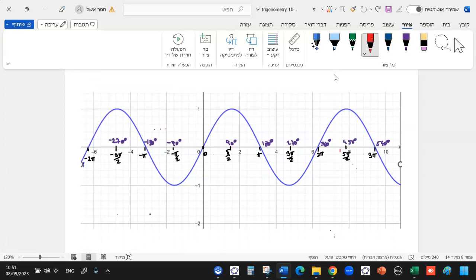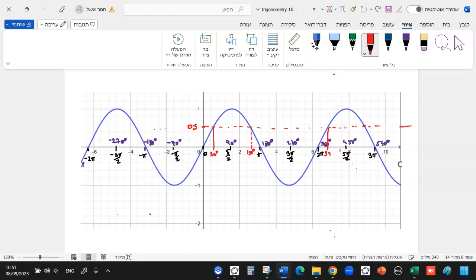And here, let's see, for example, one of the values we know, that's 0.5. Sine equals 0.5. So we can look for values where sine equals 0.5. For example, this value, this is 30 degrees. And this one is 180 minus 30, that's 150. We can see 0.5 also on the next cycle.